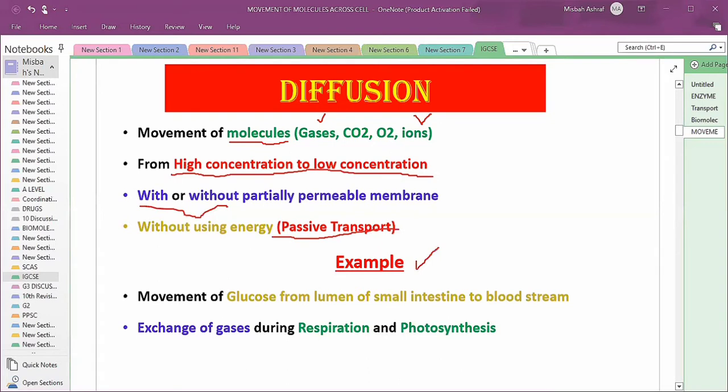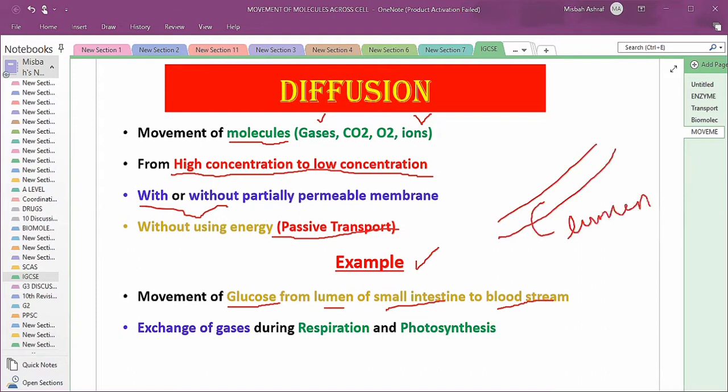Example where diffusion is taking place in living organisms, human beings: movement of glucose from the small intestine to the blood takes place by the process of diffusion, right? What is the lumen of the small intestine? This is the small intestine, and this hollow part of the small intestine is known as the lumen. Wherever you see a hollow part, it will be in all the tubes present inside your body, like your blood vessels.